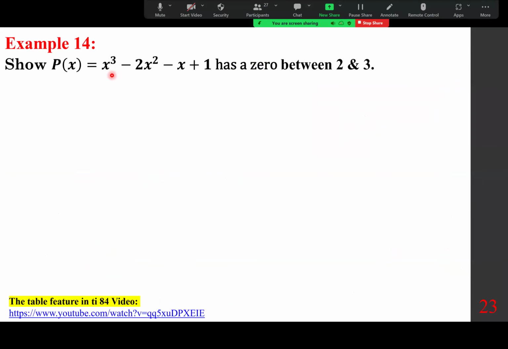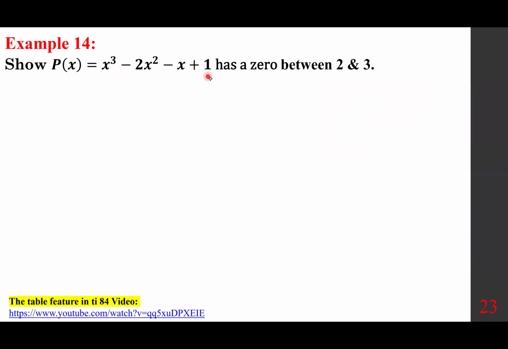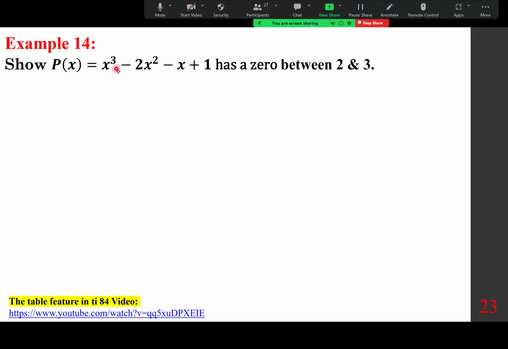Show p of x equals x cubed minus 2x squared minus x plus 1 has a 0 between 2 and 3. We can evaluate the function at 2 as well as 3. By the way, this is what? A polynomial of degree 3, which makes it continuous. So p of 2, plug in 2.